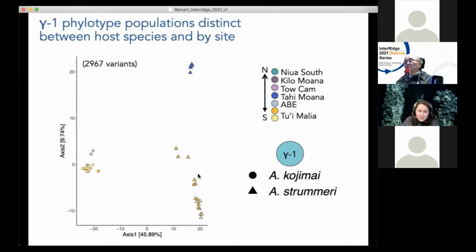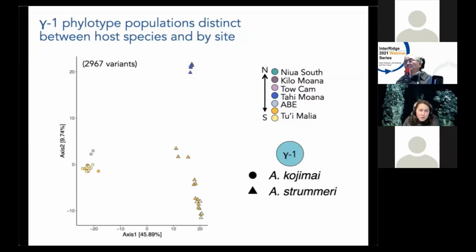And so you can see that they are separated from one another, indicating that they host distinct subpopulations of this particular symbiont phylotype. But we also see, even within those species, clustering by geography as well. So there is, in this case, strain level population structure between site and also between species.